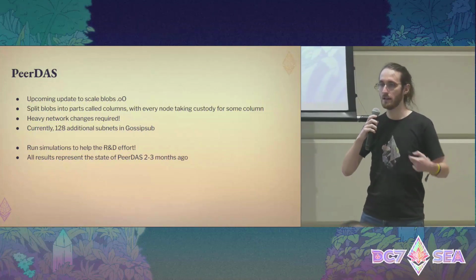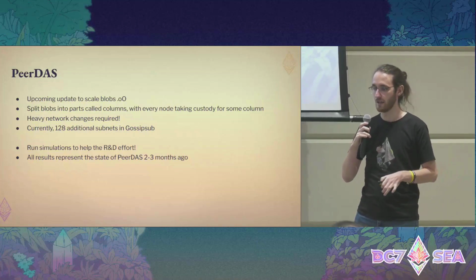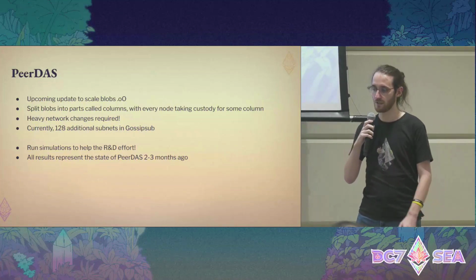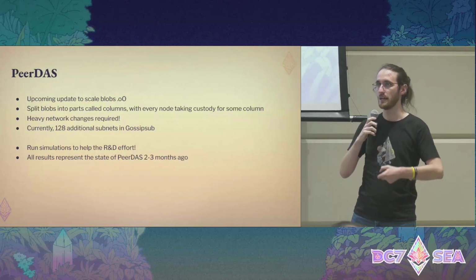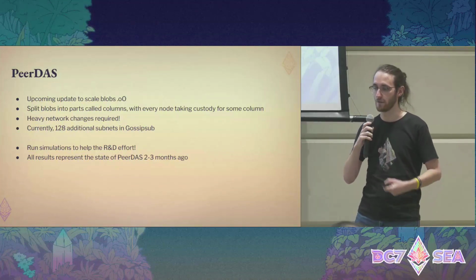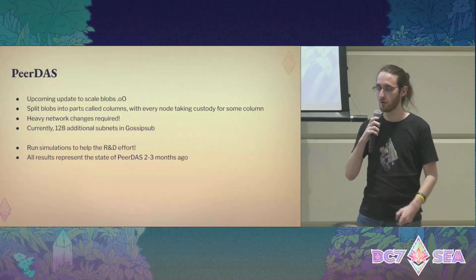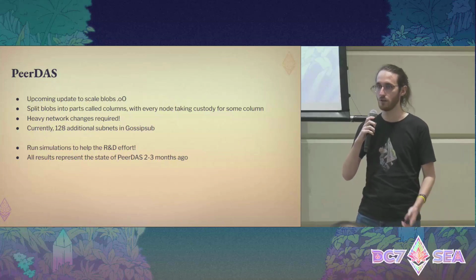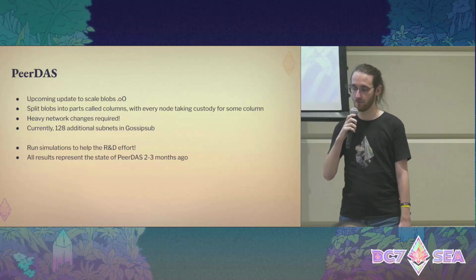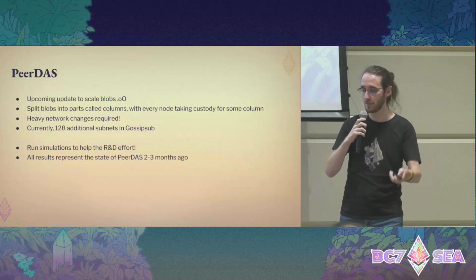There are some network changes required for this to make sure that the nodes properly distribute the columns across the network, and also so-called supernodes can reconstruct the blobs if they have enough columns. And right now there are 128 additional subnets in GossipSub, which all need to be covered when a node is proposing. We need to get every column out.